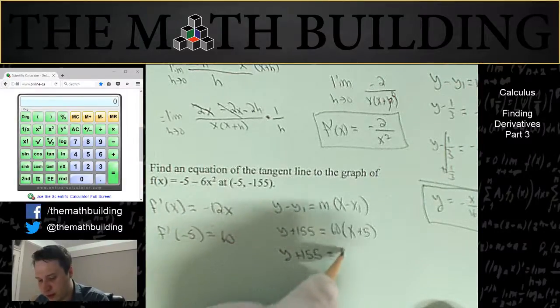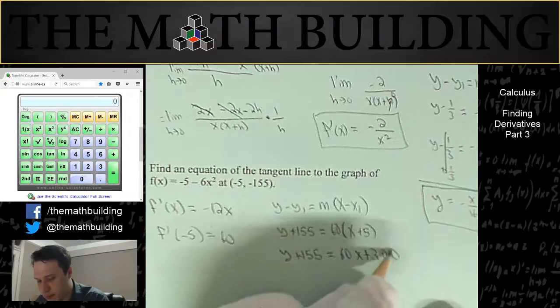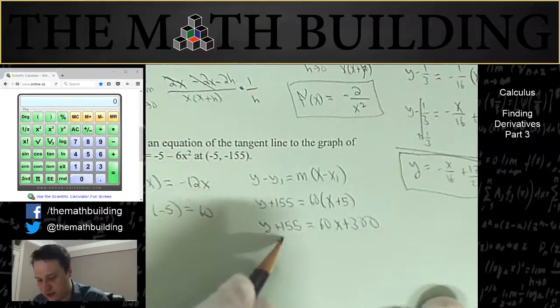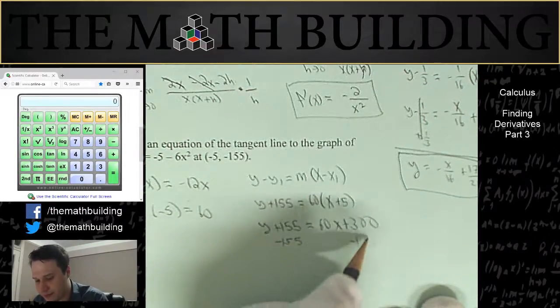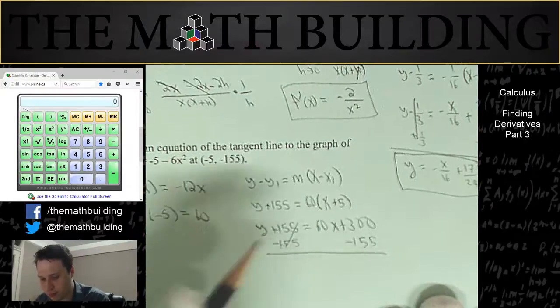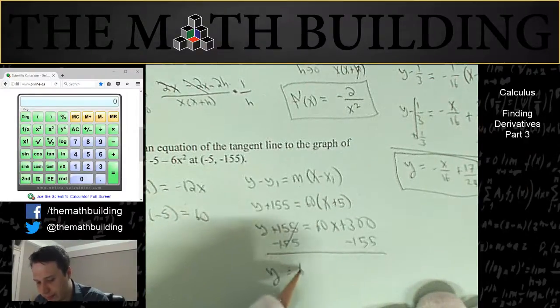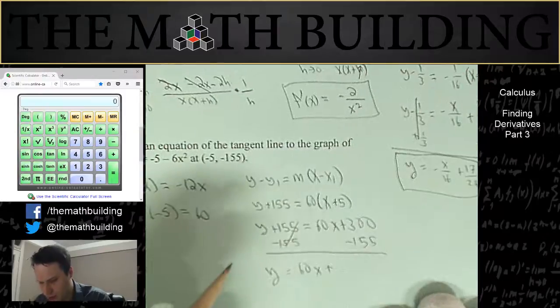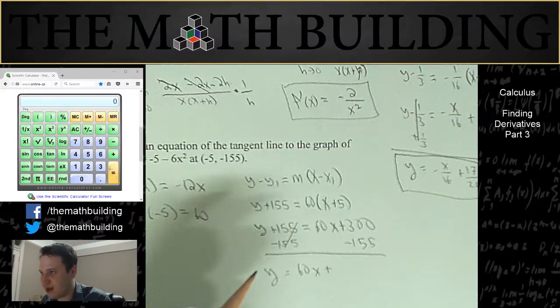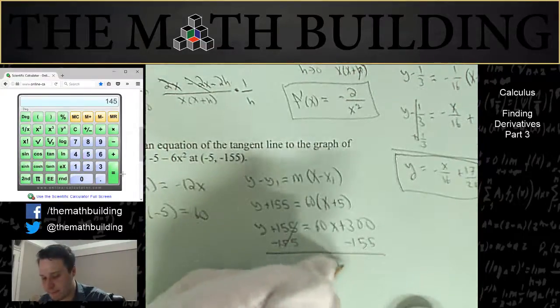Do the distributive property, and then subtract the 155. 300 minus 155 is 145.